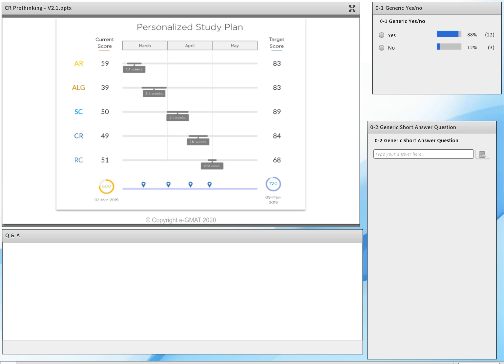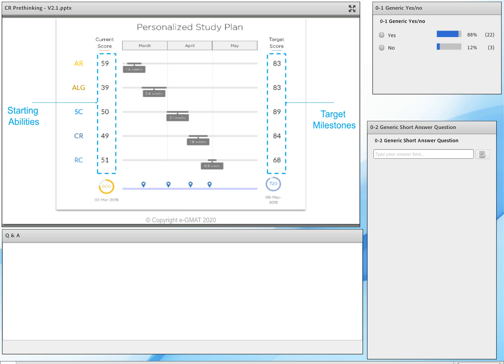Why? Because once you can see the battlefield, you've got to be able to see how much time you need to spend. So you have your starting abilities on the left, your target milestones on the right, and then how long you need in each subsection to get from that starting point to that end point. I know you can't see the fonts, but if you're an e-GMAT student, you probably experience this, because this is what you get over there.